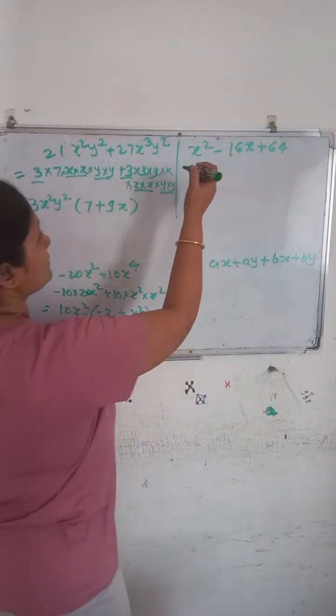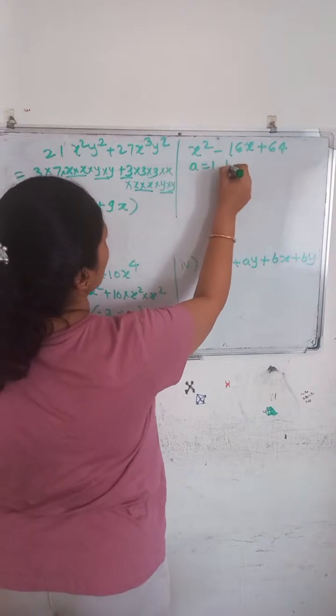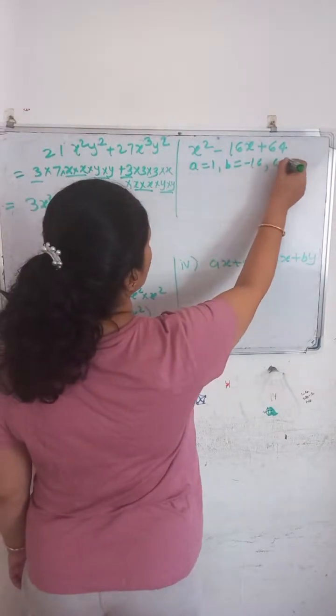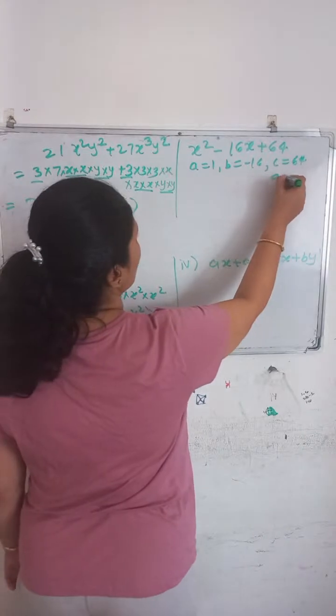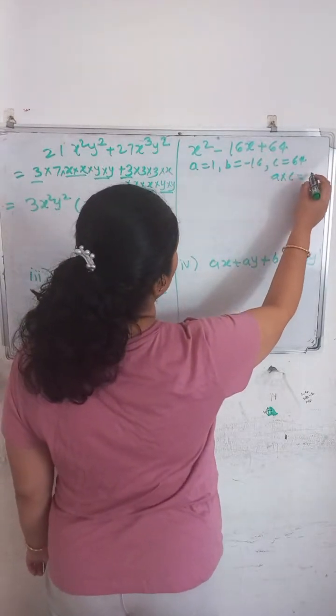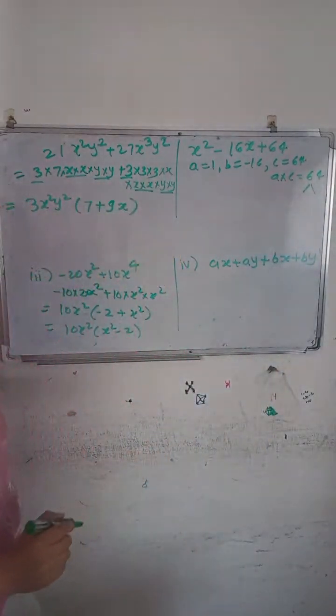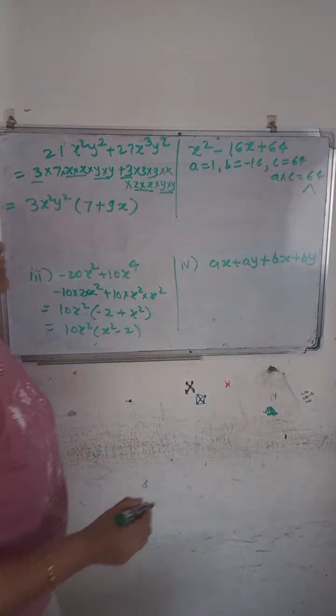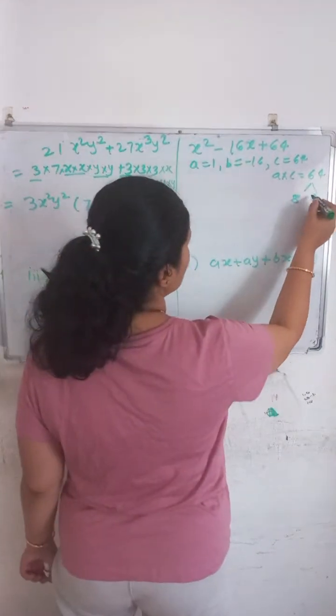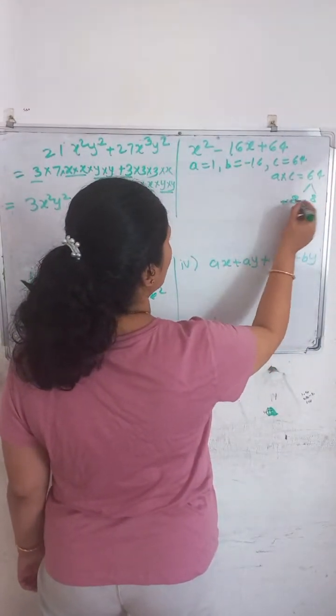After this, by splitting the middle term, a is 1, b is minus 16, c is 64. So a into c is nothing but 64. You have to divide 64 so that the sum comes to minus 16. 64 is nothing but 8 8s are 64, and you take both negative.